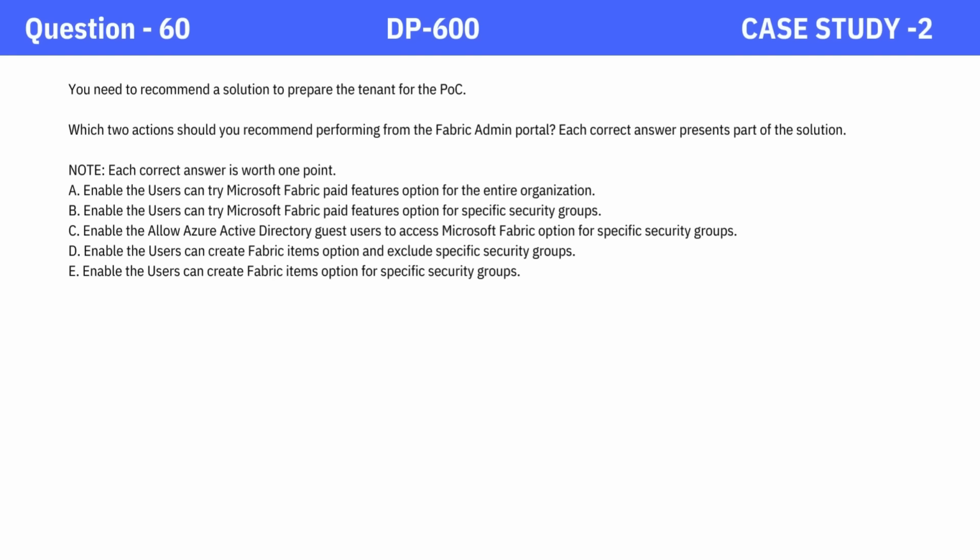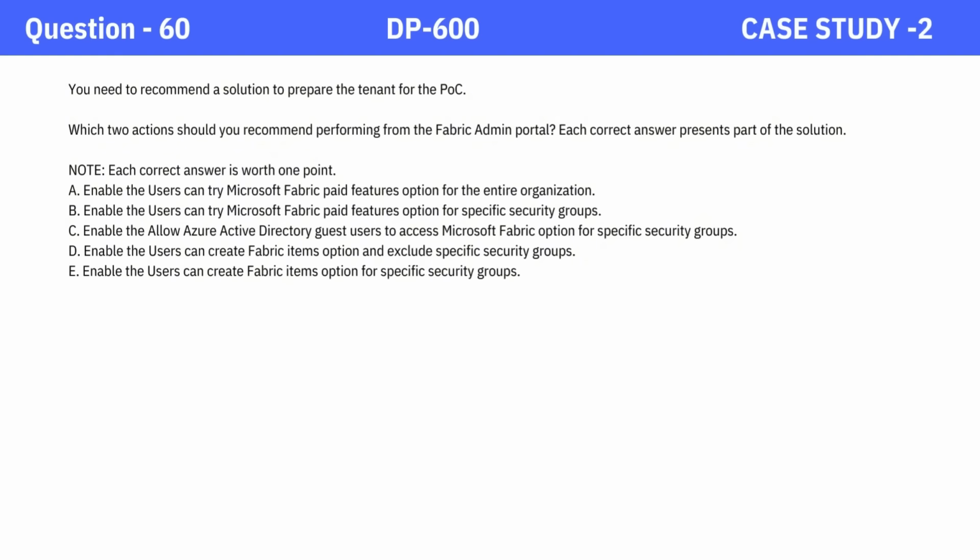Question 60. You need to recommend a solution to prepare the tenant for the POC. Which 2 actions should you recommend performing from the Fabric admin portal? Each correct answer presents part of the solution. A. Enable the users can try Microsoft Fabric paid features option for the entire organization. B. Enable the users can try Microsoft Fabric paid features option for specific security groups.